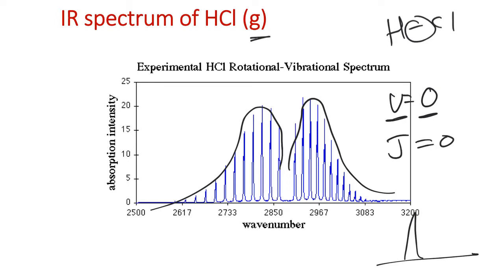So we'll see that V is the vibrational quantum number, J is the rotational quantum number. So you would probably imagine the most stable state, the lowest energy state, would be V equals 0, J equals 0. Now, you can imagine within this ground vibrational energy level, you can have other rotational states, because our rotational quantum number has integral values, 0 and up. Same thing with our vibrational quantum numbers.